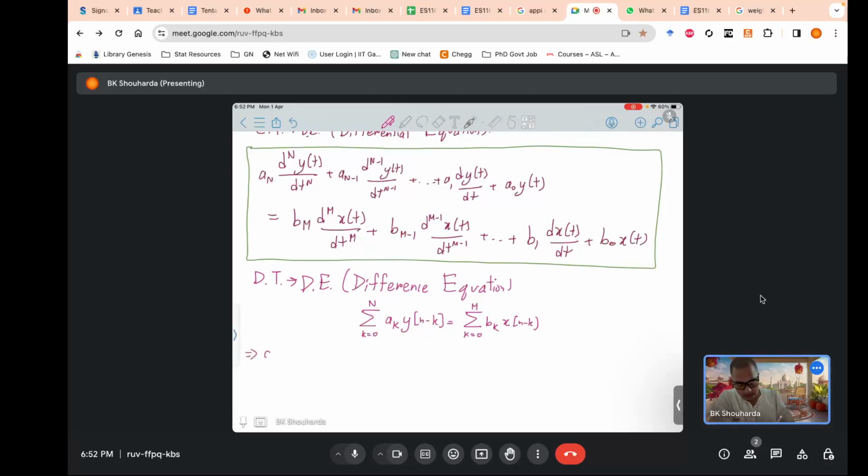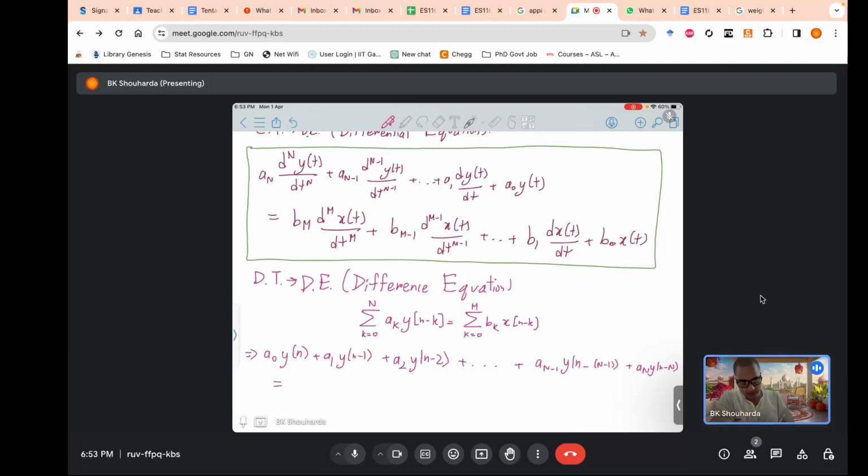It looks like a0 y[n], a1 y[n minus 1], a2 y[n minus 2]. This is the output and its delayed samples, so on till a_{N minus 1} y[n minus N plus 1] plus a_N y[n minus N].